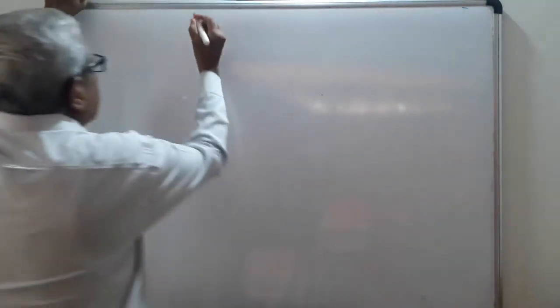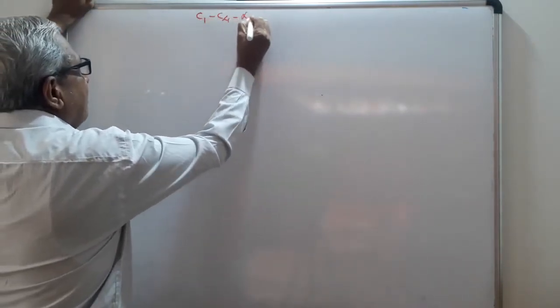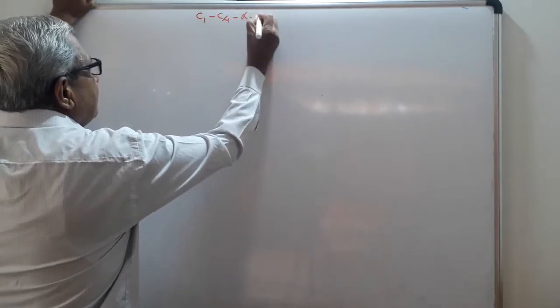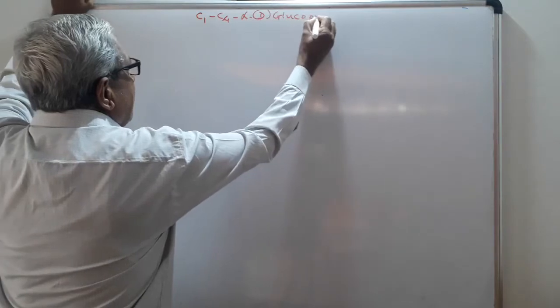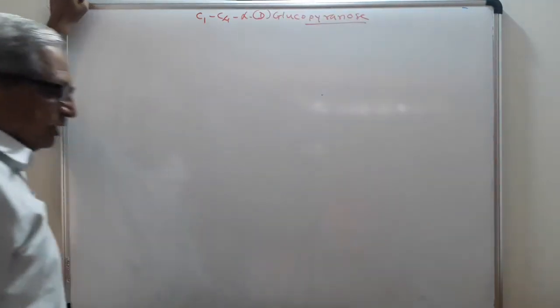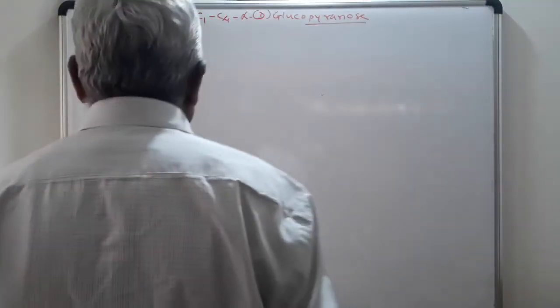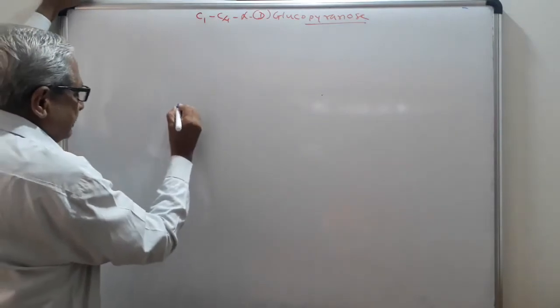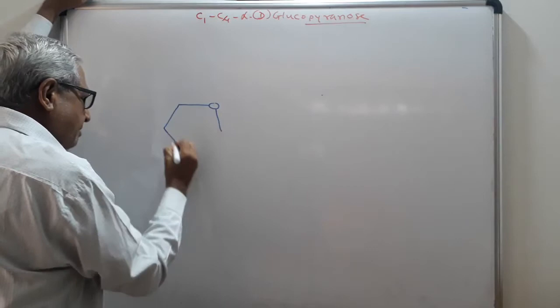First, remember C1 C4, alpha D glucopyranose. This important term you have to see. The pyranose indicates a 6-member ring containing an oxygen atom at the top right-hand side. So you can draw here.